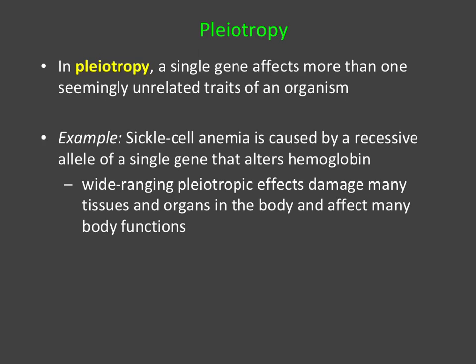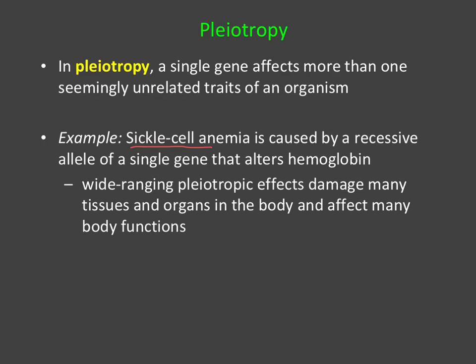In pleiotropy, you've got one gene change, but it affects a lot of things in an organism. So we're going to go back to the sickle cell anemia example here. With sickle cell anemia, we know there's only one amino acid that's changed. That could be as small as one or two nucleotide changes in a gene, in a codon, right?